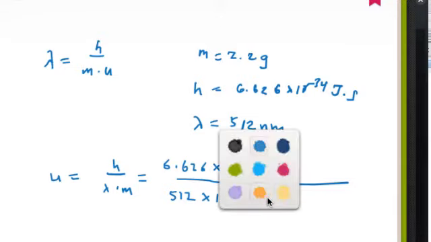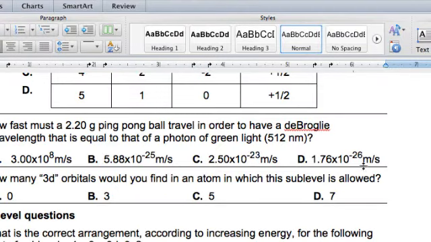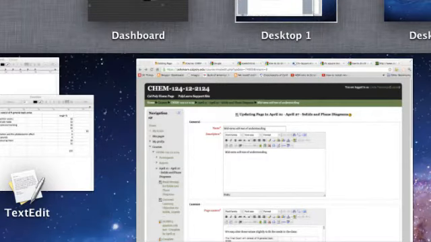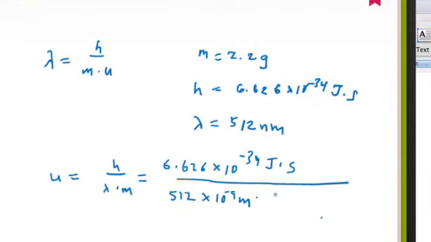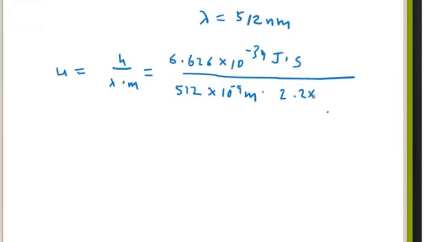And the mass, we need the SI units, which are kilograms, 2.2 times 10 to the negative 3 kilograms. Now, if we do the math for all of this, we end up getting joules second over meters. I'm sorry, this is supposed to be kilograms.